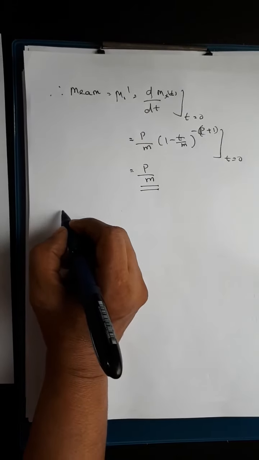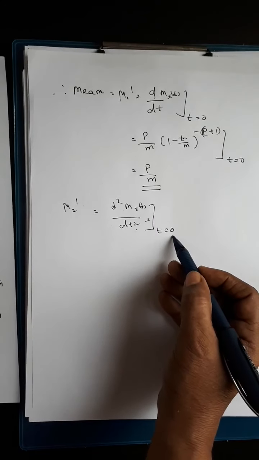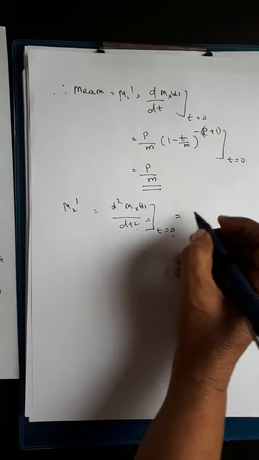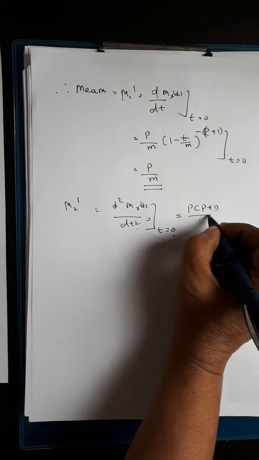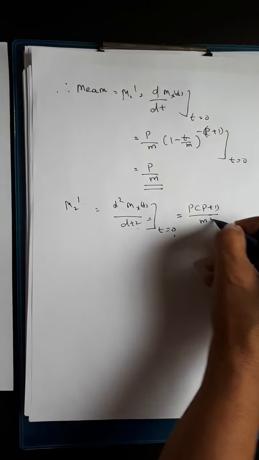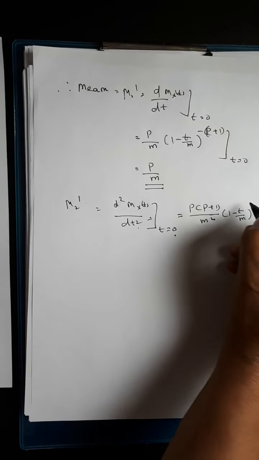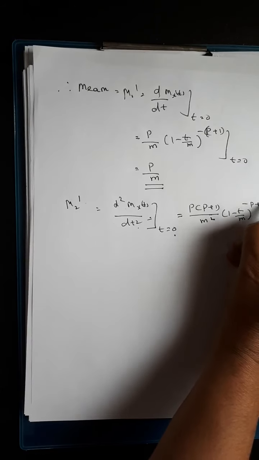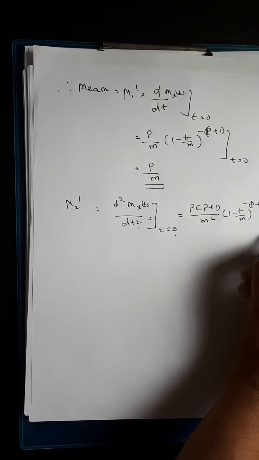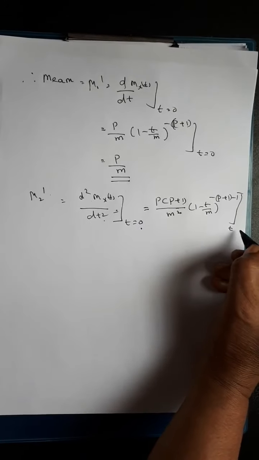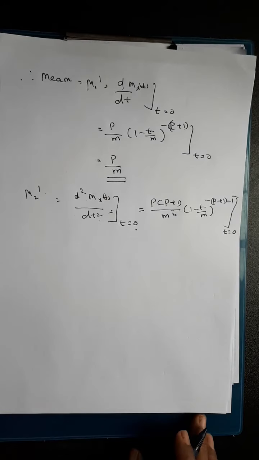Then let us find mu 2 dash is d square Mx(t) by dt square at t equal to 0, which is equal to p into p plus 1 by m square into 1 minus t by m raised to minus p plus 1 minus 1 at t equal to 0.